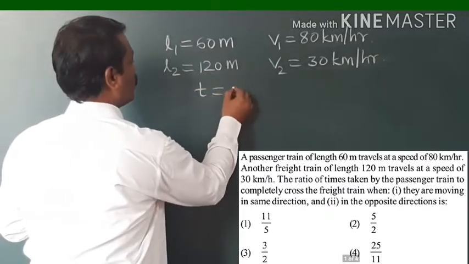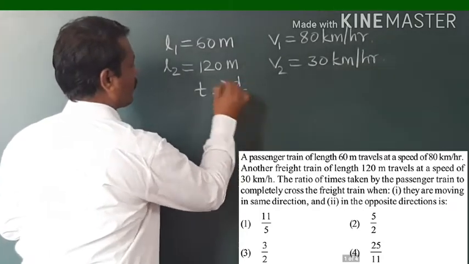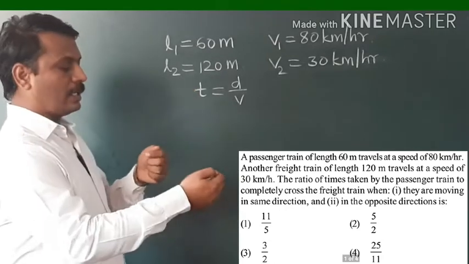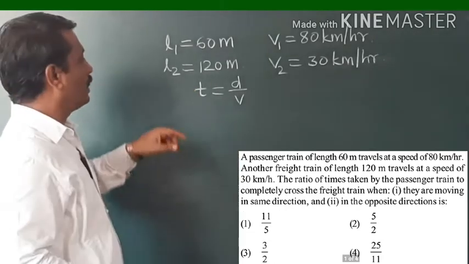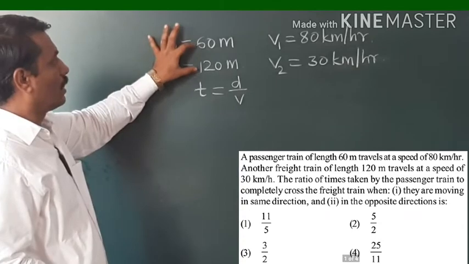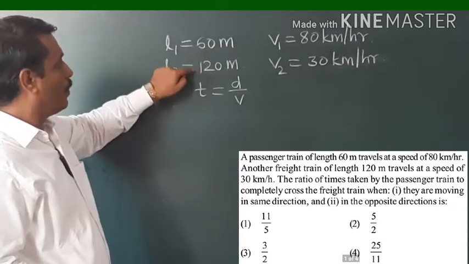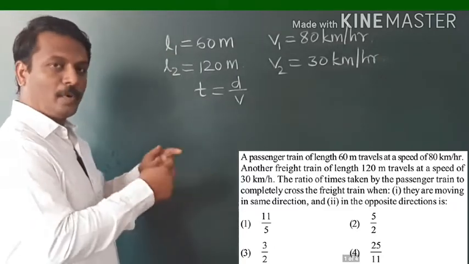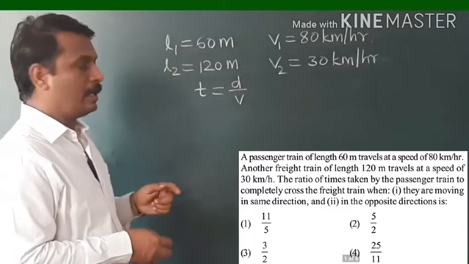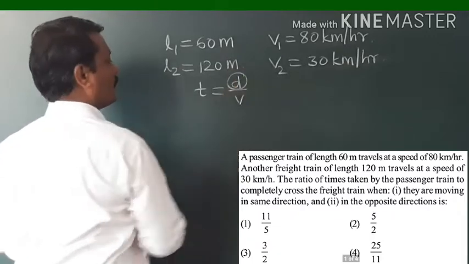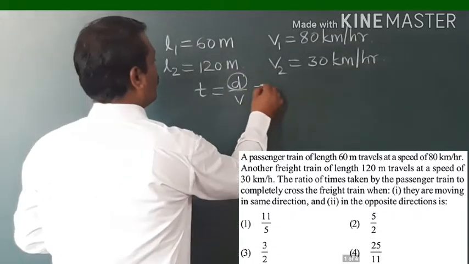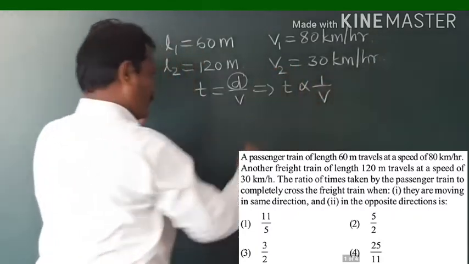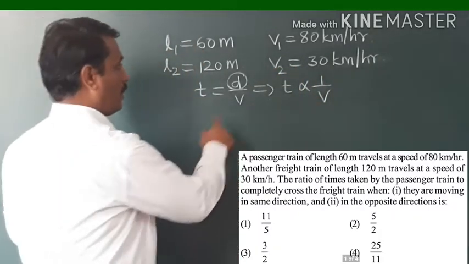So you know that time is equal to distance by speed. Here for the trains to cross each other, they have to travel a distance equal to 120 plus 60, that is 180 meter. So in both the cases, distance is same. Therefore, this d is constant. If d is constant, then t will be proportional to relative velocity.